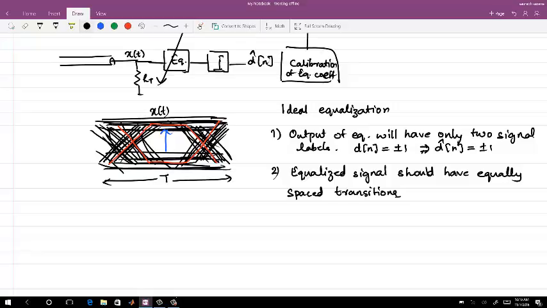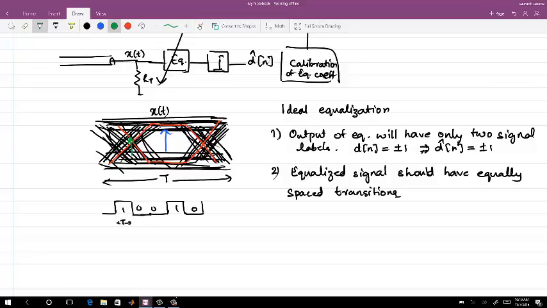Let's consider transmitting a bit pattern like 1 0 0 1 0. All these transitions have to be equally spaced. And if they are equally spaced at the transmit side, then the eye diagram should have only a single intersection, a single transition point.